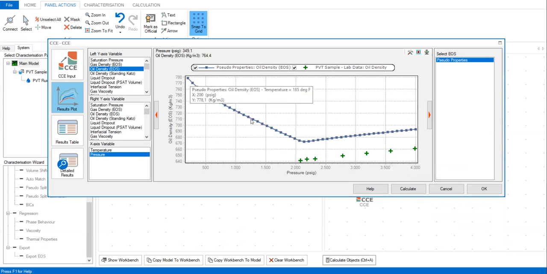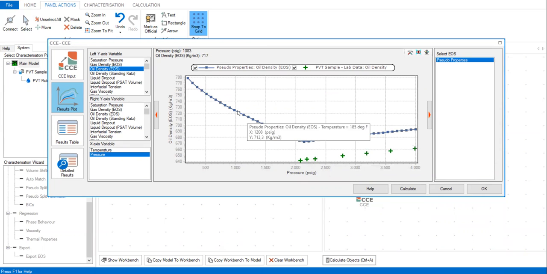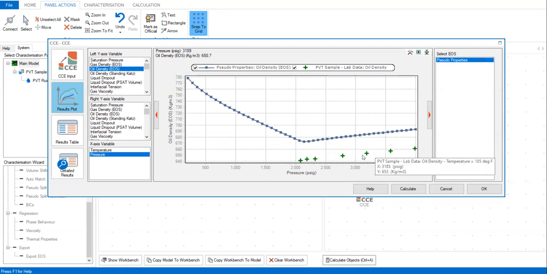Okay, so you have the trend for the oil density above the bubble point pressure and the predicted values. This is the data above the bubble point pressure, and this is the predicted values. Of course, they do not match. Okay, but here above the bubble point pressure, our predicted values mimic sort of the trend.